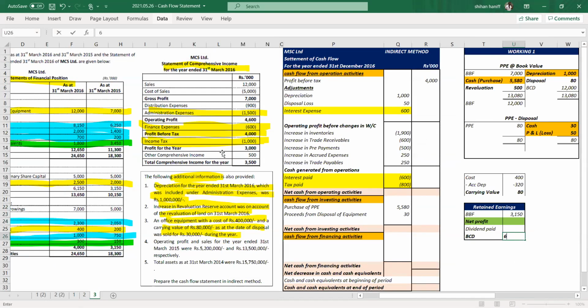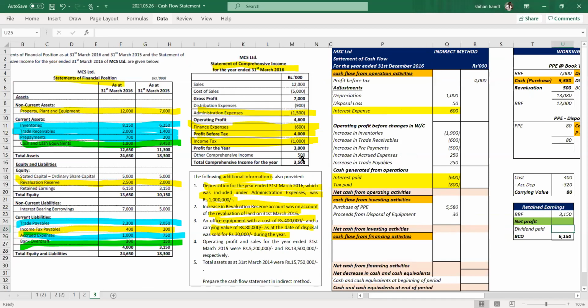Net profit is 3,000. So is there any dividend payment? 3,000 plus 3,150 is 6,150. So there is no dividend payment. So there is no cash flow in retained earnings. But borrowings have increased. We obtained interest bearing borrowings, increased by 2,000.